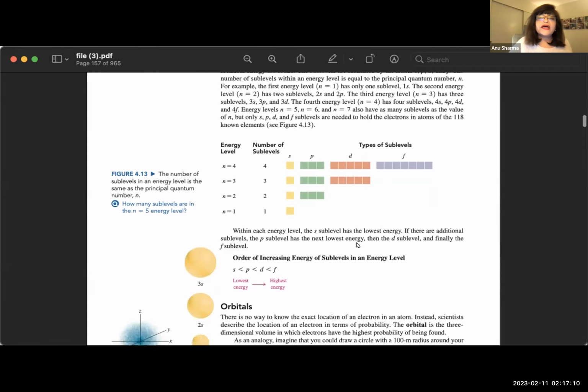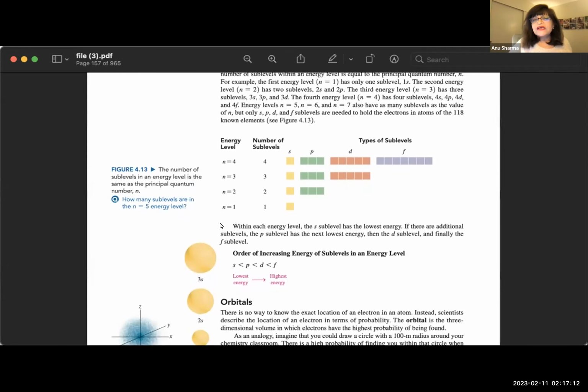Okay. Now, the lower the energy level, the fewer the orbitals and subshells, which means fewer electrons can be found, but these electrons are closer to the nucleus. Energy level 1 is closer to the nucleus. Energy level 2 is a little bit further away. Energy level 3 is further away.